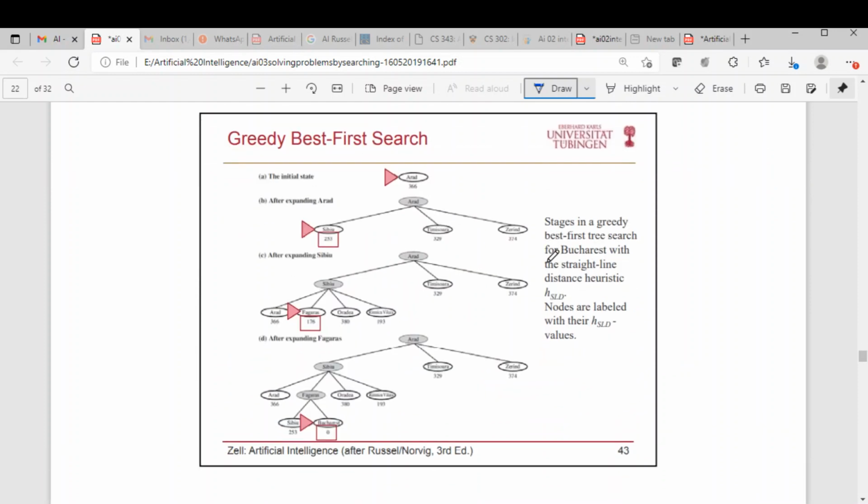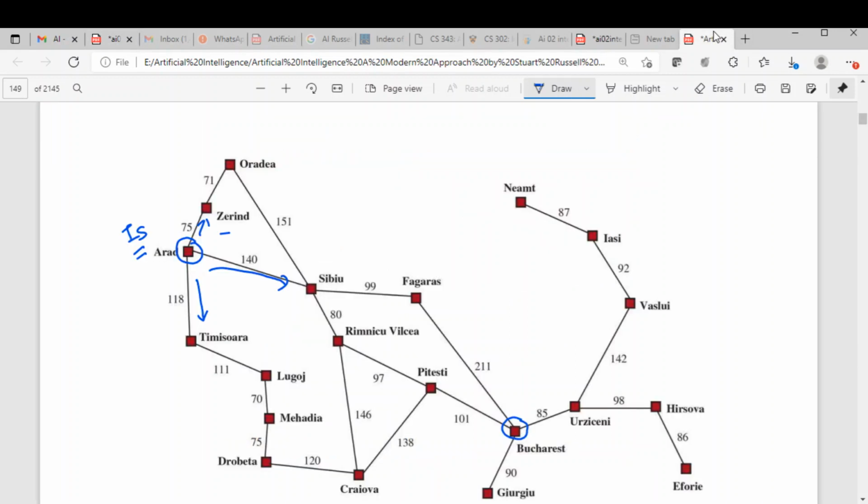Okay, so now it has reached Sibiu. From Sibiu, where can it go? What are the options? Let me delete other things. So now the agent has reached Sibiu. This is the path it has chosen because it's a greedy algorithm.